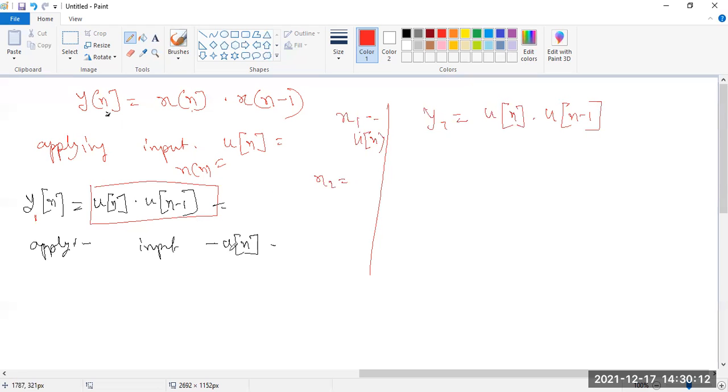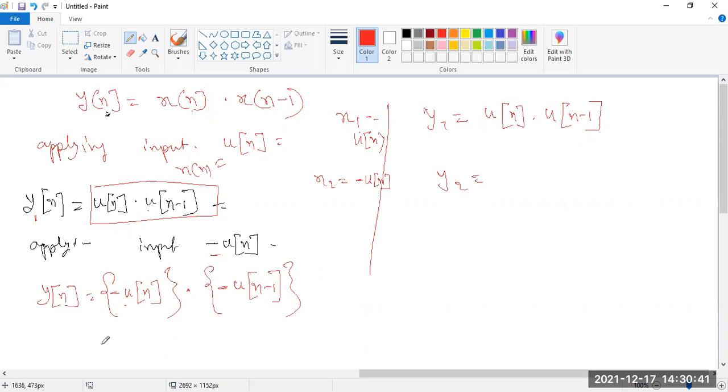x2 is minus of u of n. Then what will be the output? Just put minus of u of n, multiplied with minus of u of n minus 1, nothing else.